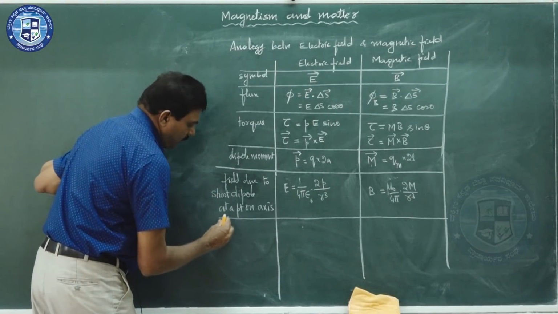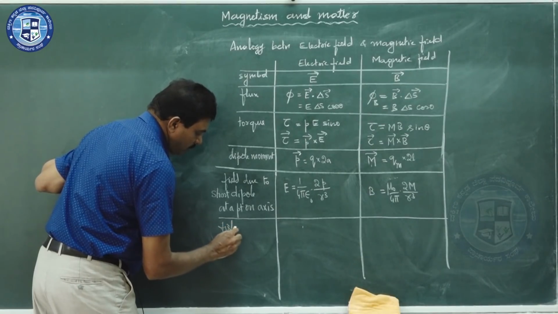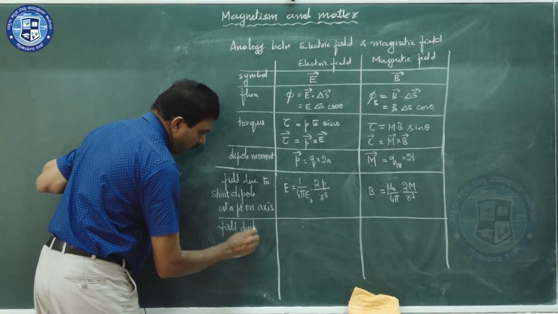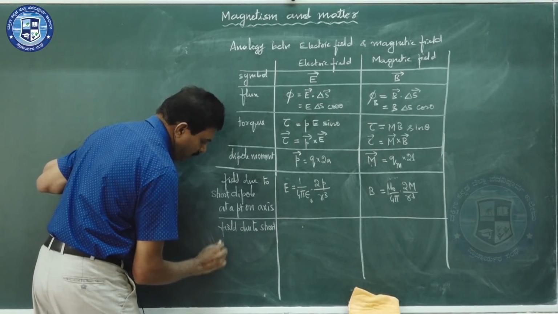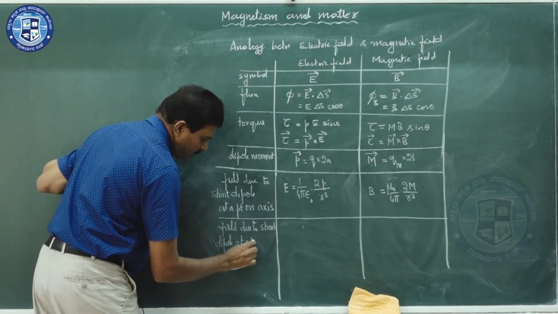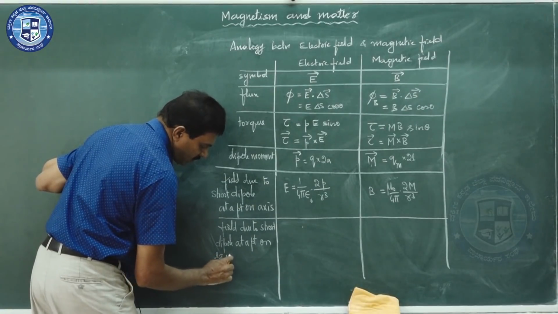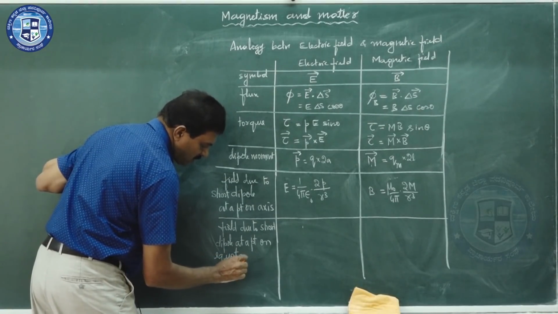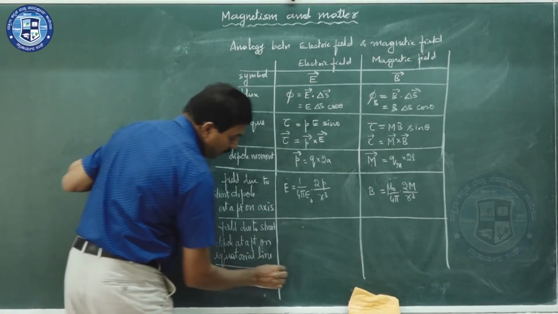So, once again, field due to a short dipole at a point on the equatorial line.